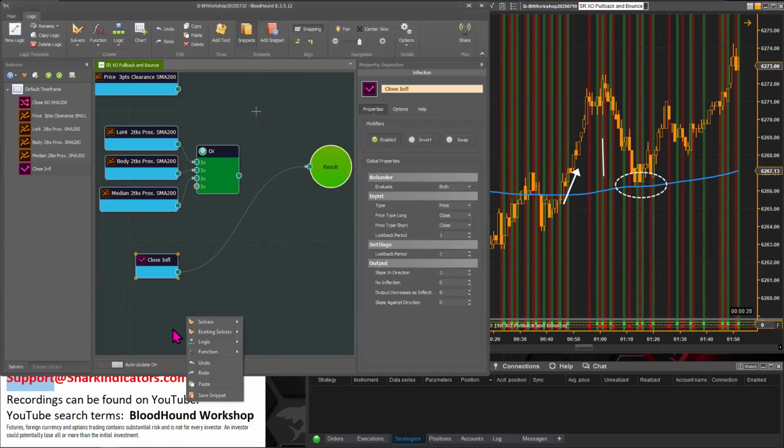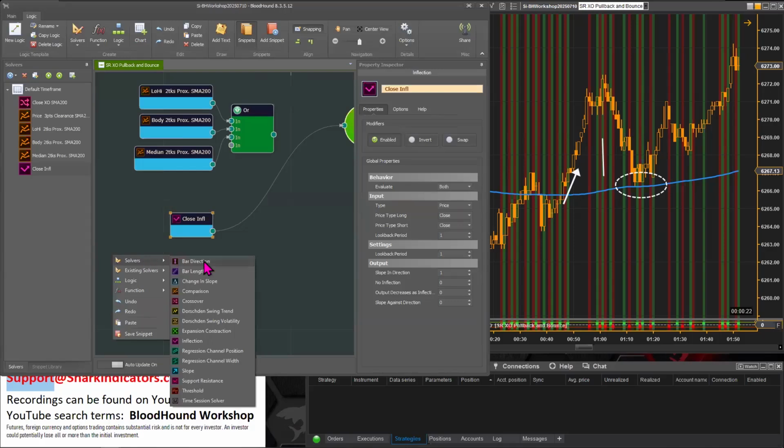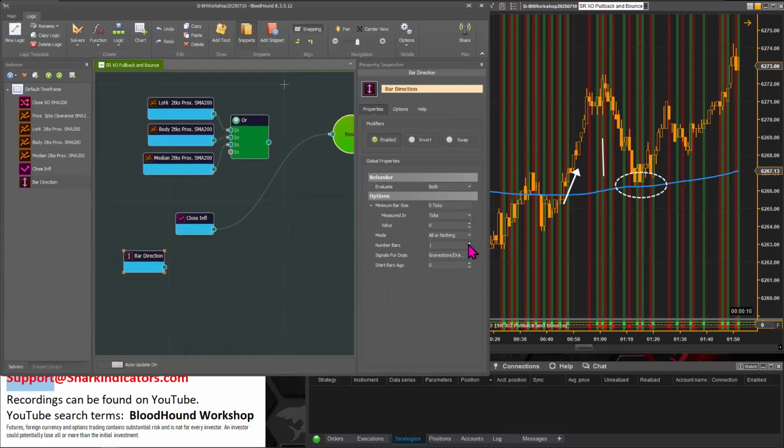Okay. So if we wanted to do that as well, let's grab a bar direction, and let's say we need at least 2 bars in a row.